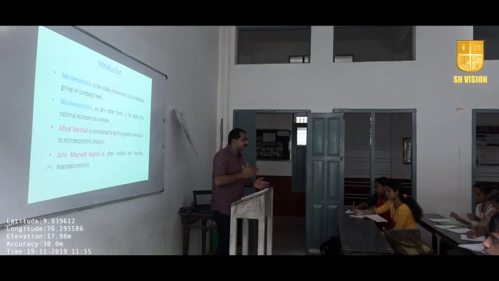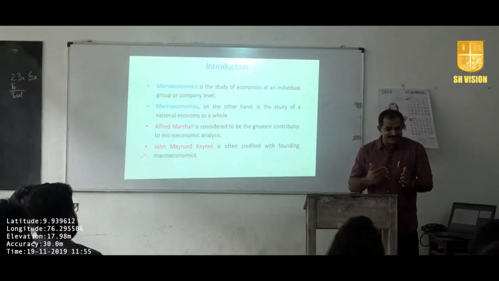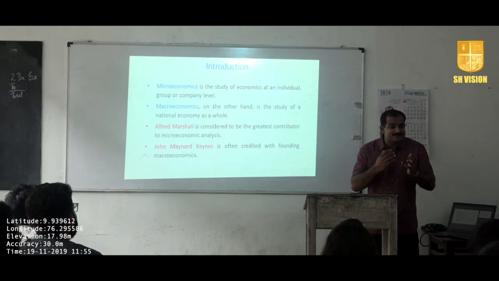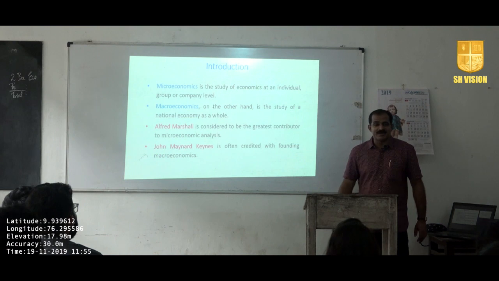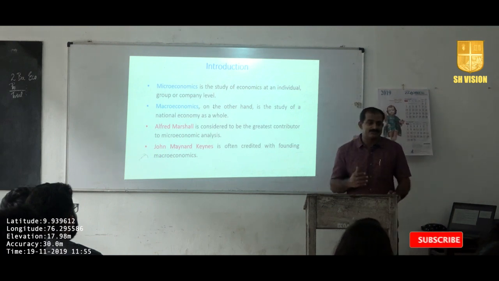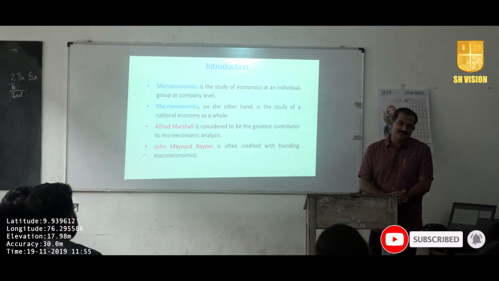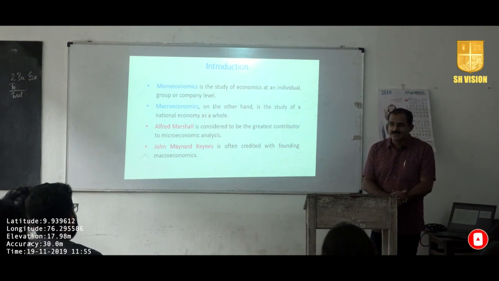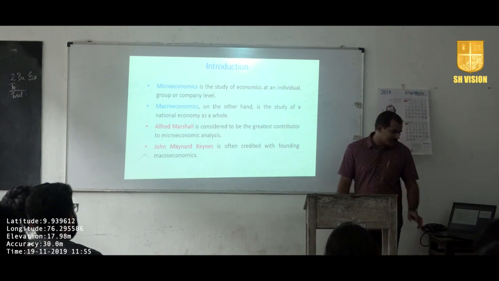That's why we say that macroeconomics always deals with aggregates, and microeconomics deals with specific, individual units. Alfred Marshall is considered the father of microeconomics, and Keynes, the greatest economist, is known as the father of macroeconomics.